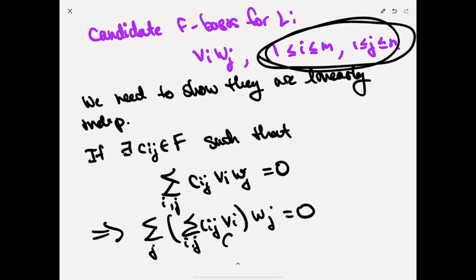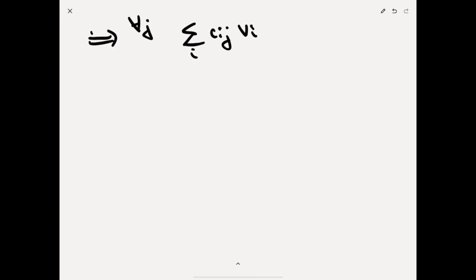Now these inner sums are elements of K. And since the Wj's are K linearly independent, this is a K linear combination, so this gives us that for each j, the sum over i of Cij Vi needs to be equal to 0. Now we just disentangle this again.